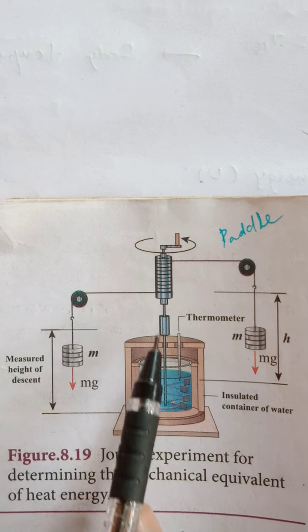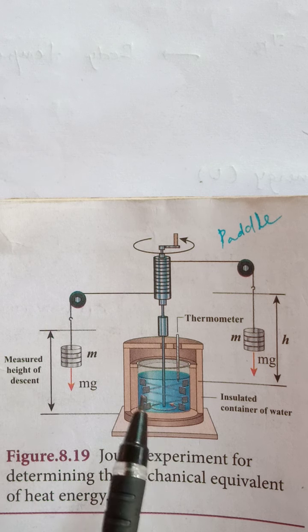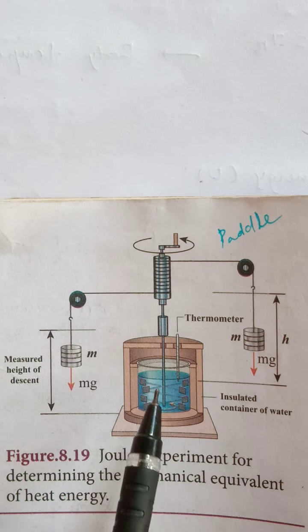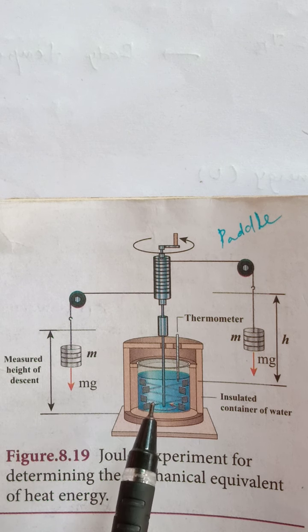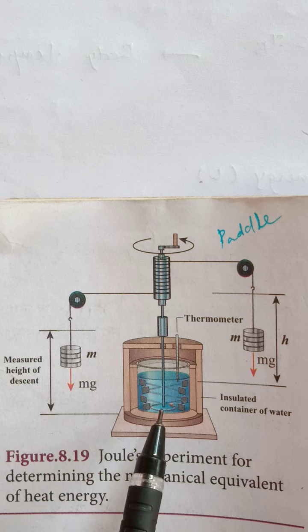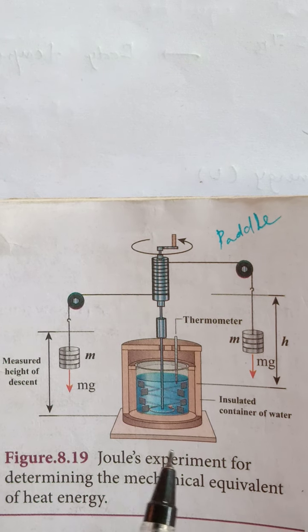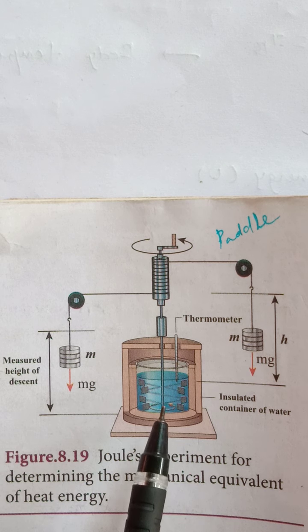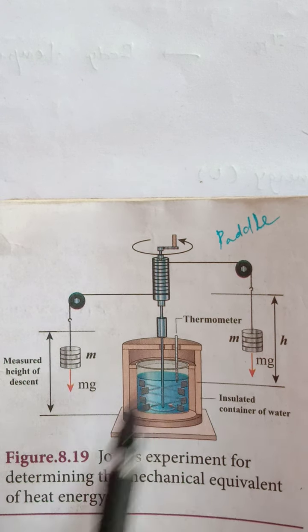The rotation is attached with the bottom also, so the water will rotate. Due to the turning of this wheel inside the water, a frictional force is created. Frictional force means the metal paddles rotating in the water create friction between the water and the paddle wheel. This friction force causes the temperature rise in the water, which is measured with the help of a thermometer.